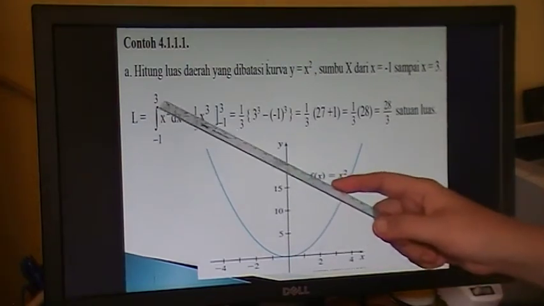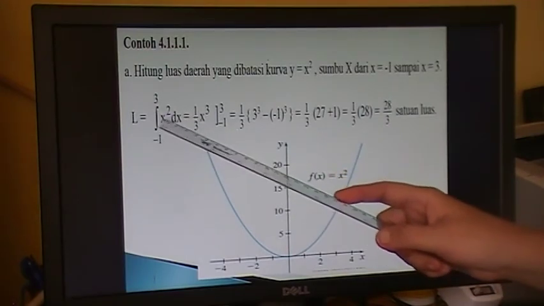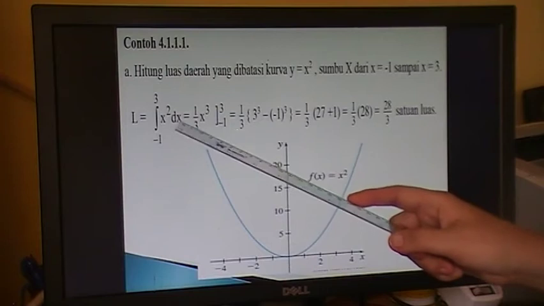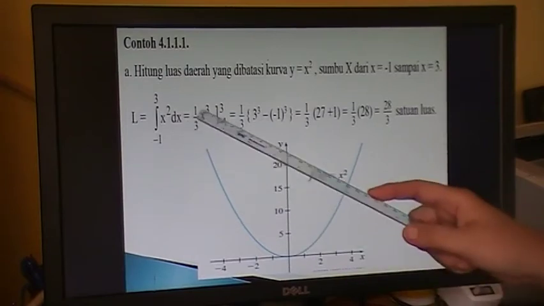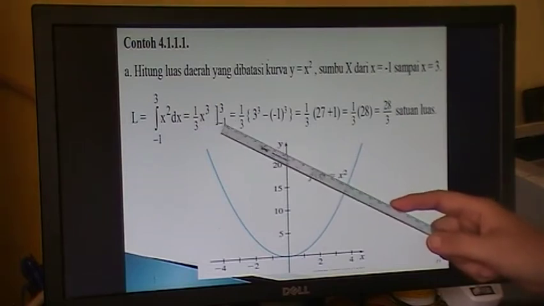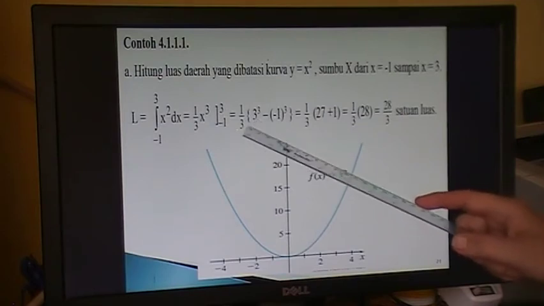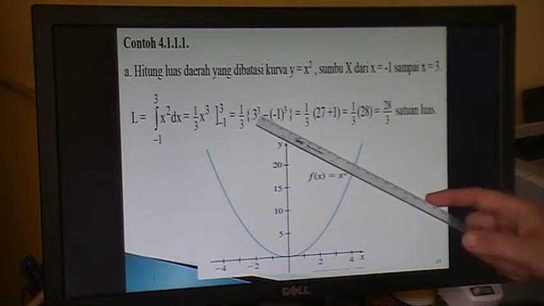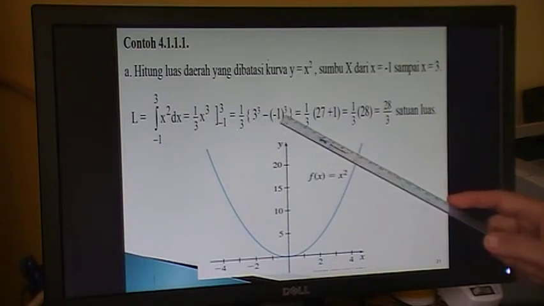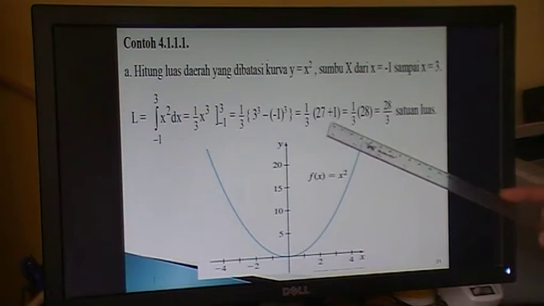So the area is equal to the integral from minus 1 to 3 of x squared dx. It is actually equal to 1 over 3 x to the power of 3 between minus 1 and 3. If we put in 3 and minus 1, then we have 1 over 3 times 3 to the power of 3 minus minus 1 to the power of 3.